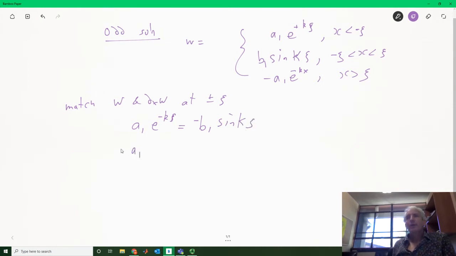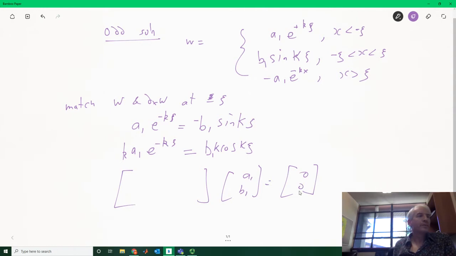So that's going to be k A1 e to the minus k zeta. So I'm matching here at minus zeta, just to be clear. The derivative of sine is cos, and it's going to be B1 kappa cos kappa zeta. So if I write that in my matrix as before, with A1 and B1 equals 0, it's almost identical to what we had before. We can get rid of the exponentials.